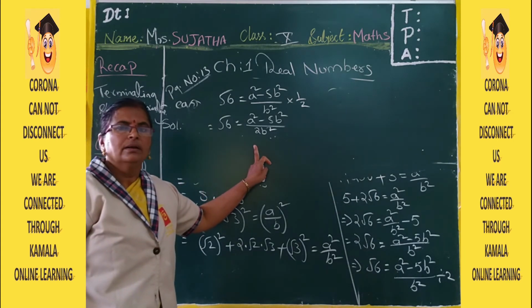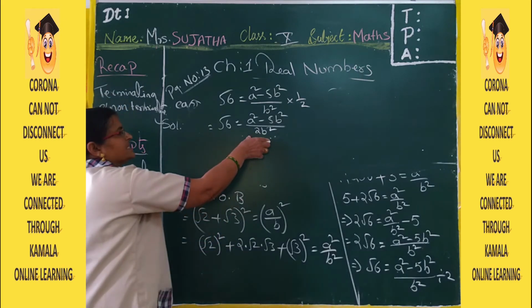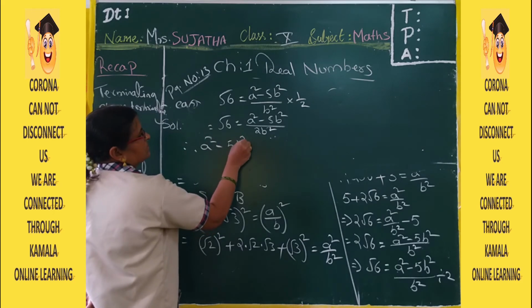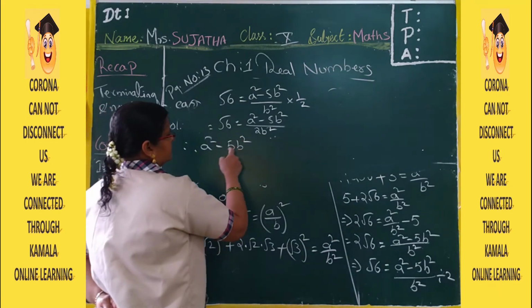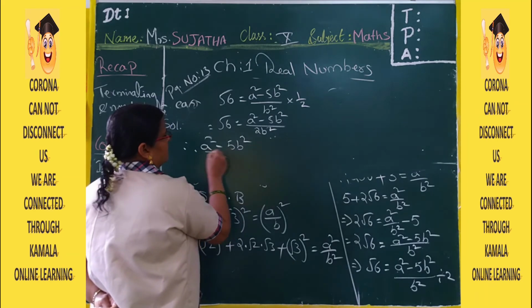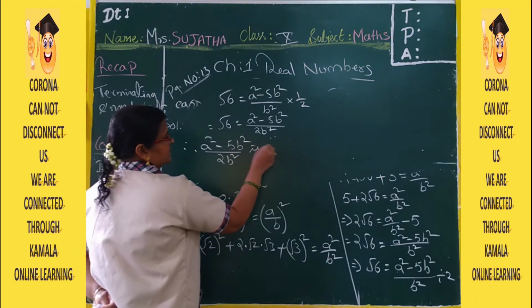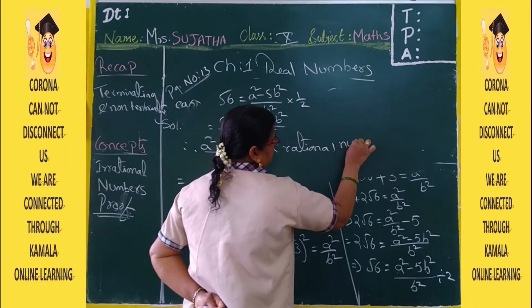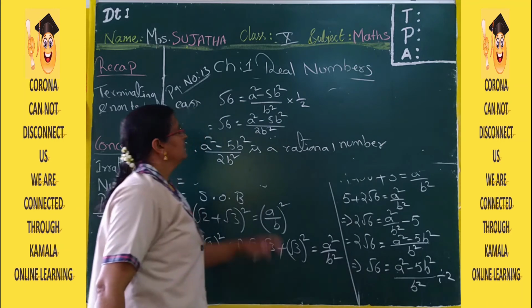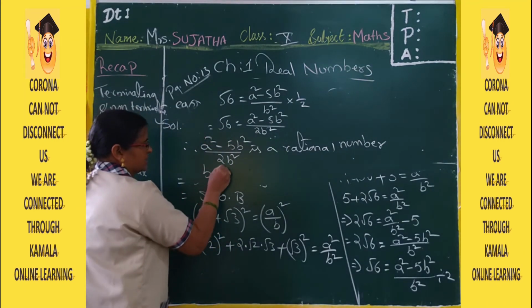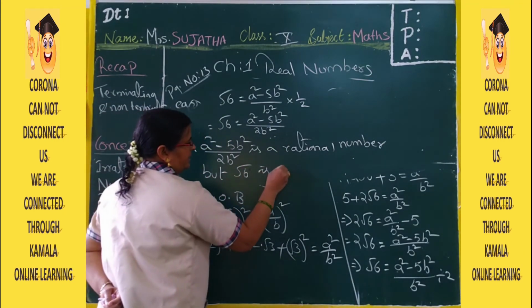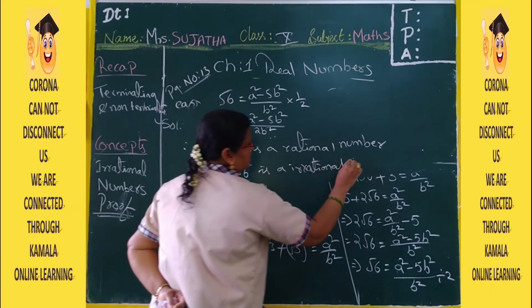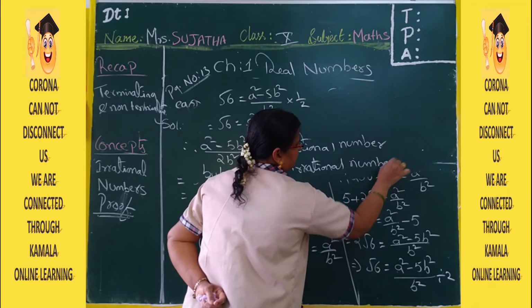Then both cannot be equal, right? Therefore, a square minus 5b square by 2b square is a rational number, but root 6 is an irrational number.